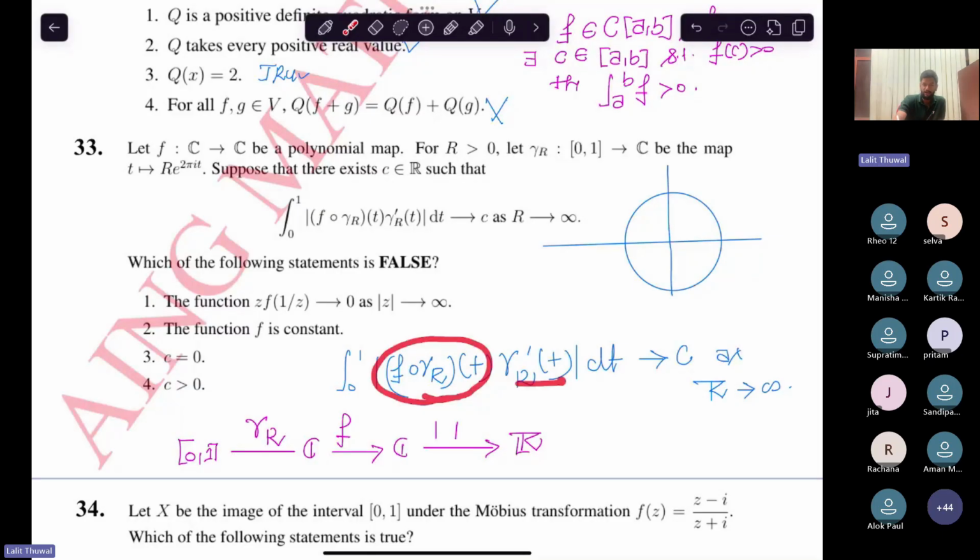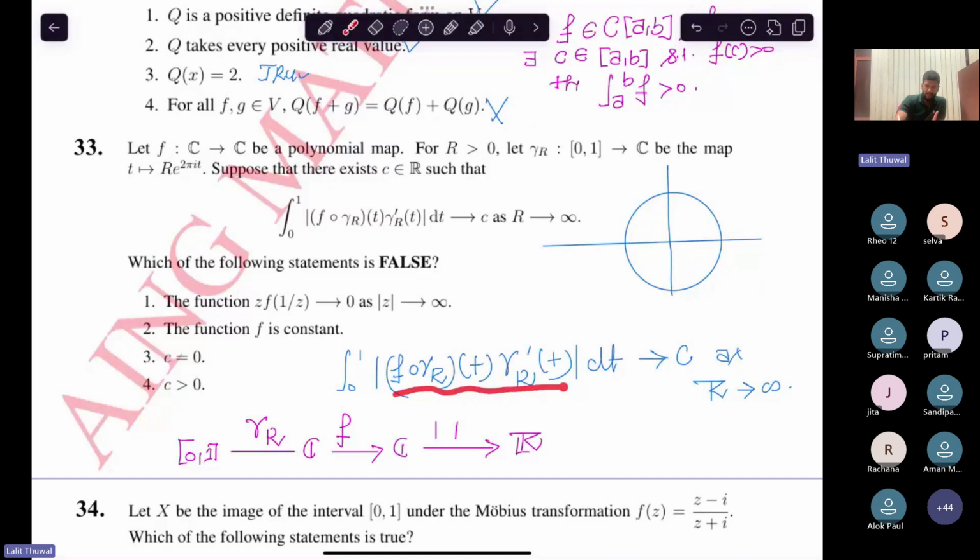Their product is continuous. Overall, this is a continuous non-negative function. If this function becomes non-zero at some point, then its integral must be non-zero, for every R, and that keeps on increasing.